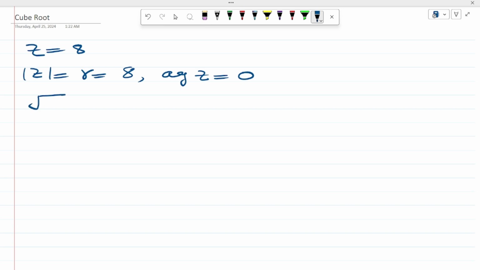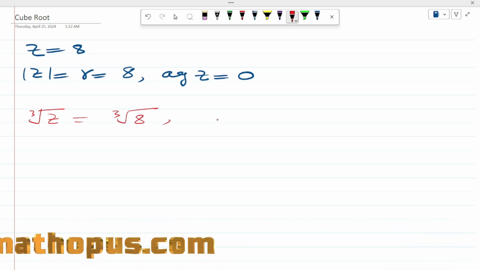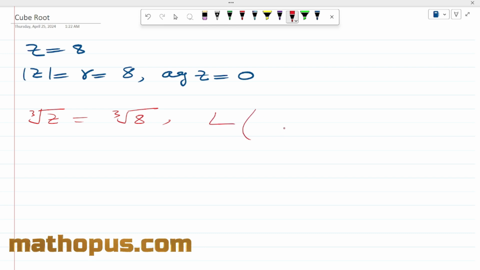first of all, if we want to find the cube root of a complex number, it means cube root of the modulus, and for the angle part, that is argument plus 2k pi divided by 3, where the values of k are 0, 1, 2.